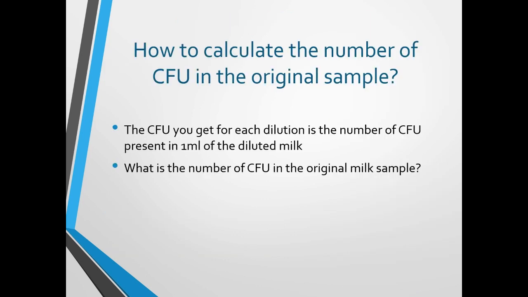The number of colony forming units that you get for each dilution is the number of colony forming units present in 1 milliliter of the diluted milk sample. We want to calculate the number of colony forming units in the original undiluted milk sample.